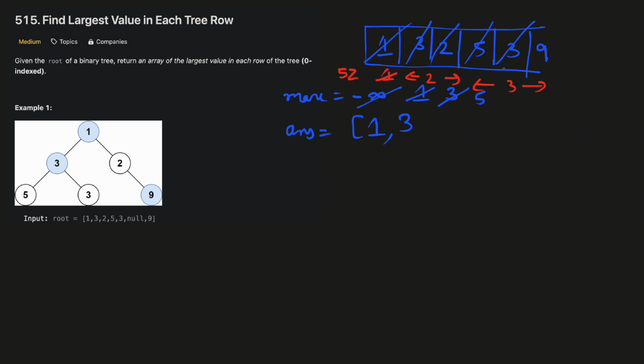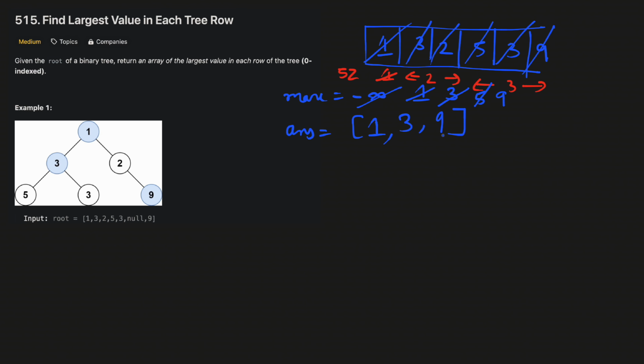And again 3 doesn't have any children. So we dequeue 9 and 9 is more than 5. So our maximum value for this level becomes 9. And since 9 also doesn't have any children, we don't enqueue anything. And now we are done with this level. So we will add maximum value 9 to our answer. And now our queue is also empty, indicating that we are done with BFS as well. And finally, this will be our answer.